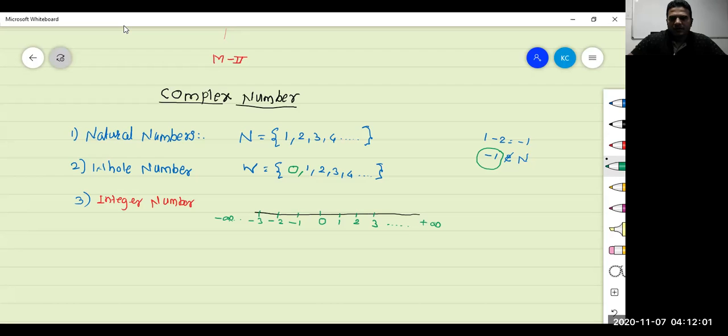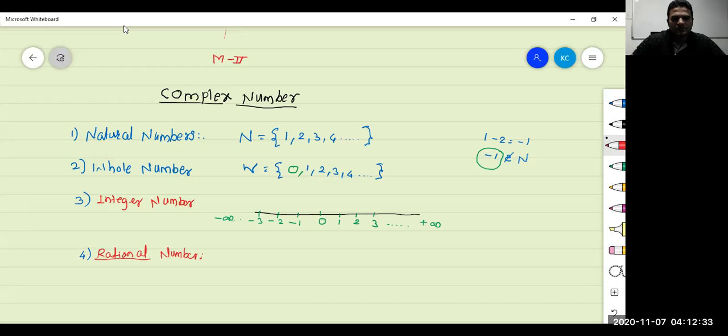Then a new number came, just like the rational forms, in numerator-denominator format: natural number, whole number, integers, and rational numbers, which are in the form of p by q.